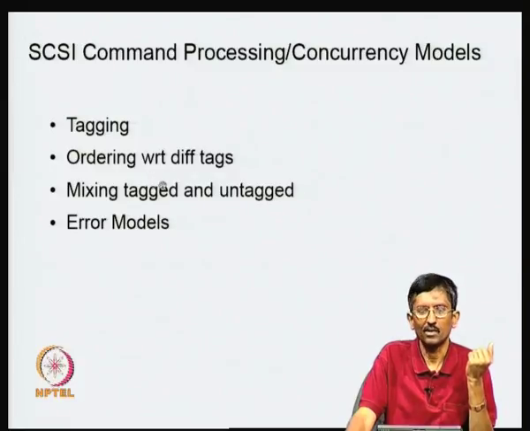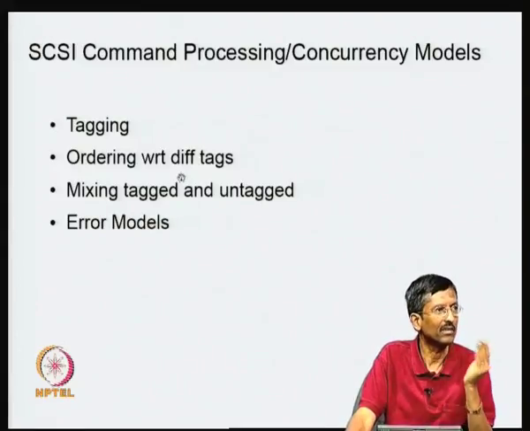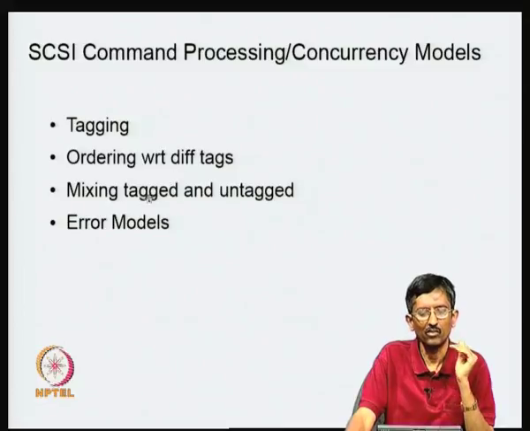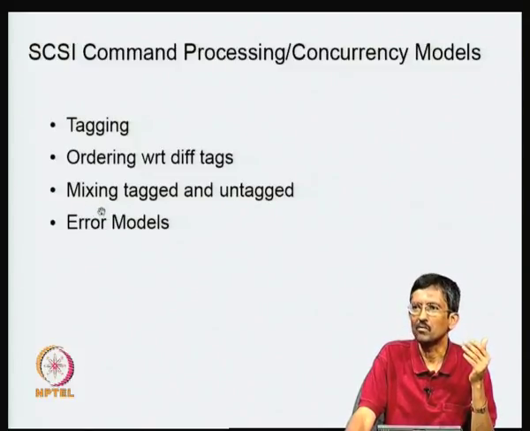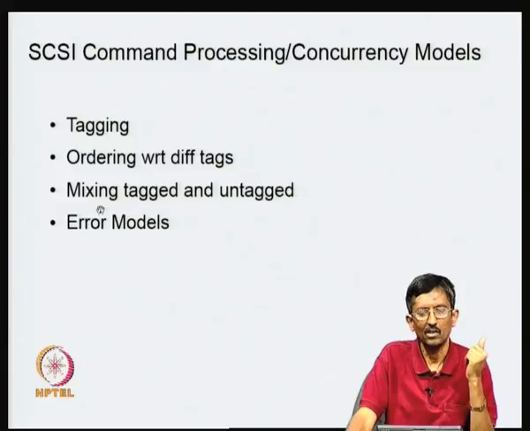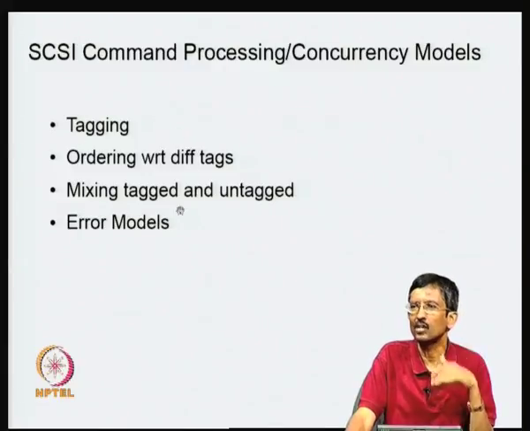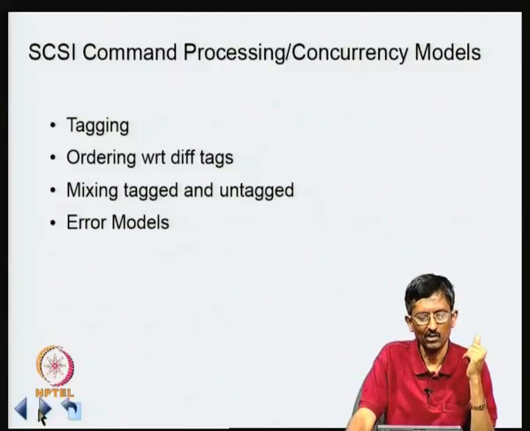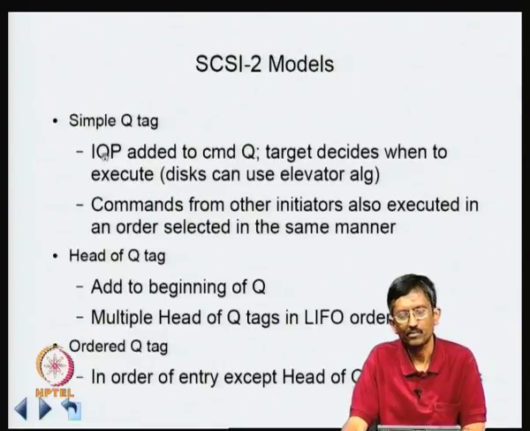For example, can I say that this particular memory operation has to be committed before I look at any other memory operation? Similarly for errors: if there are multiple operations in a memory-based system, how do I report errors? So even SCSI has to look into similar issues. We briefly look at this.